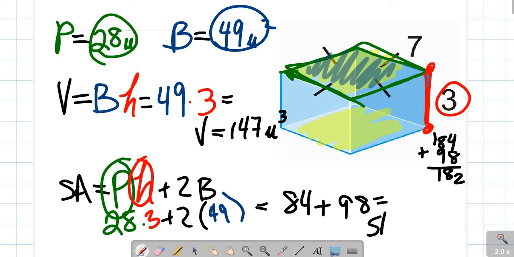So my surface area equals 182. There's no units, so we're just going to write units squared.